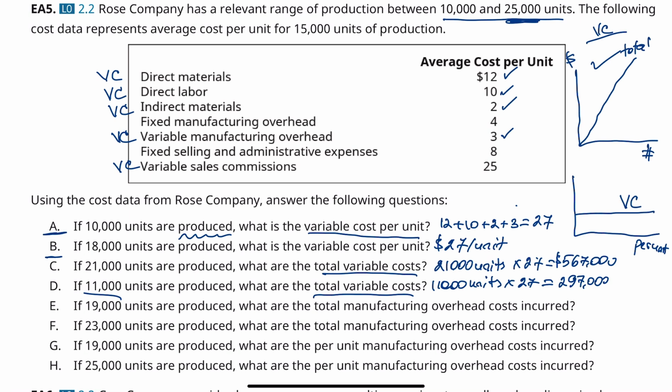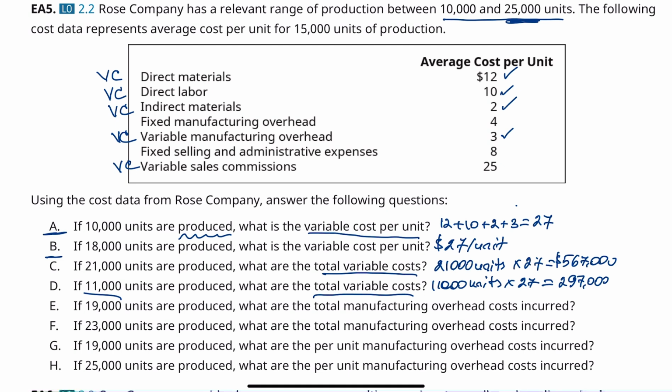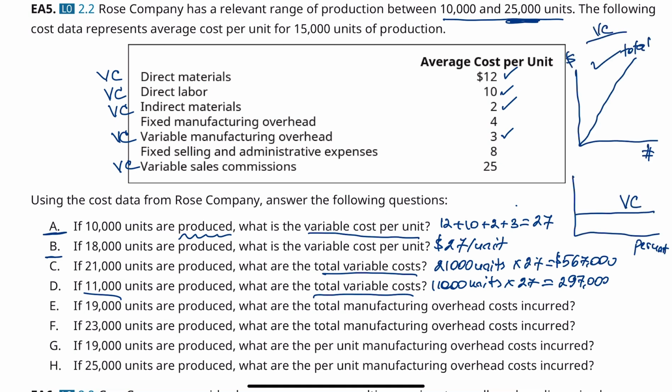And let me actually try to graph it out for you in the actual graph. Let's leave the per unit one alone, and just focus on the total one. So let's say this is 10,000, this is 20,000.